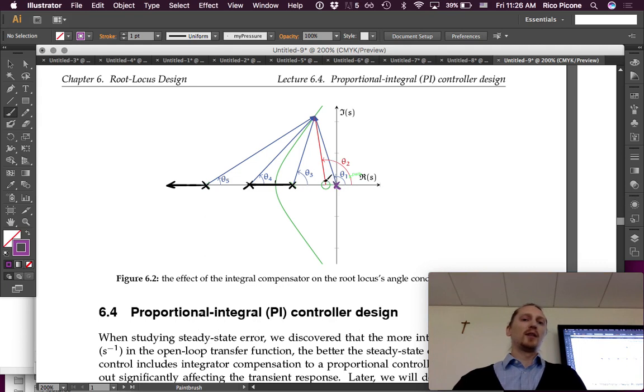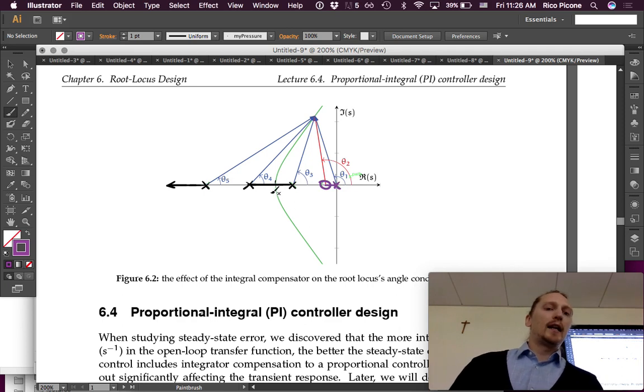Still will change it, but not as much. So let's put a zero nearby. This is our method, right? And we can re-sketch the root locus. Notice that this is going to be in there, so no locus, locus, no locus, locus. So it didn't really change the real axis that much except for adding this little chunk here. And this actually is going to look the same too.